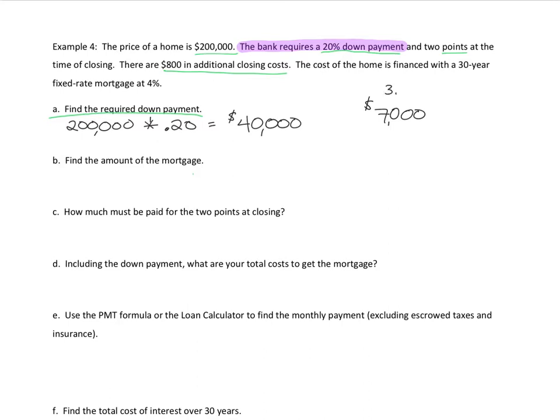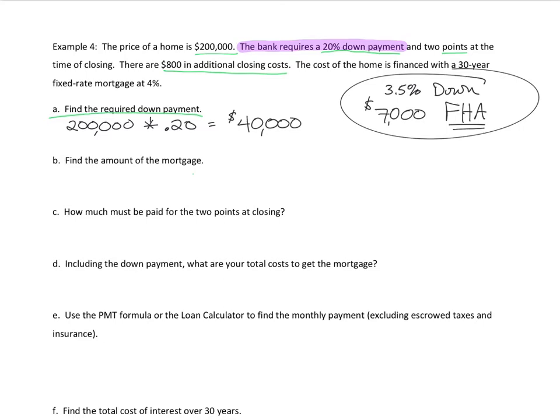So this would be 3.5% down payment. And those are called FHA loans. And that's what a lot of people end up going with. All right, so moving on with the example.